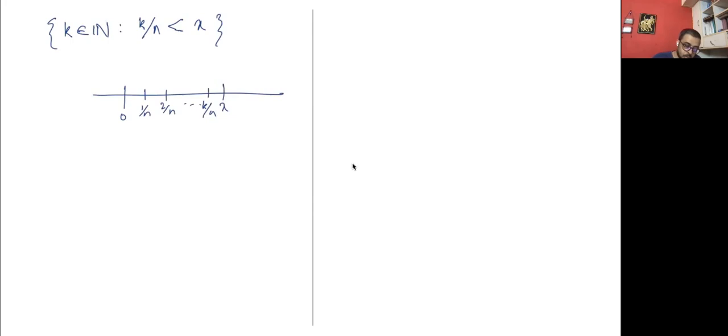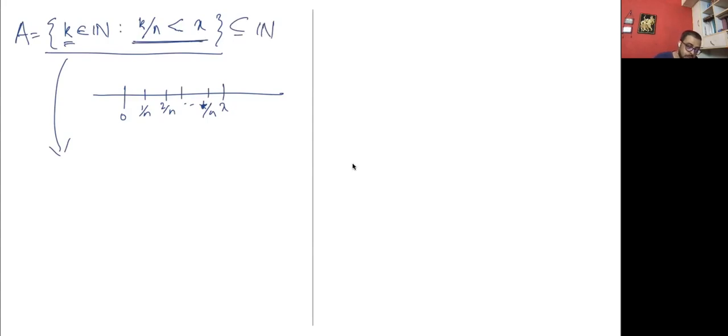Okay, I should not say this is not fair, but basically you're looking at all those cases for which k over n is less than x. So 1, 2, 3, starting from 0 up to some stage, things would belong here. So we are looking at this set, this subset of N.